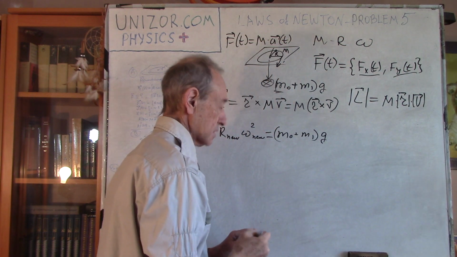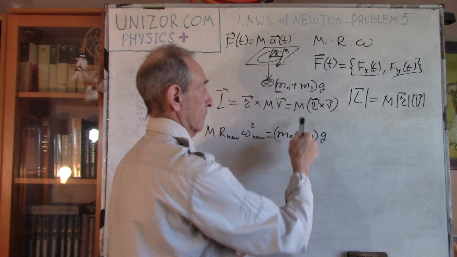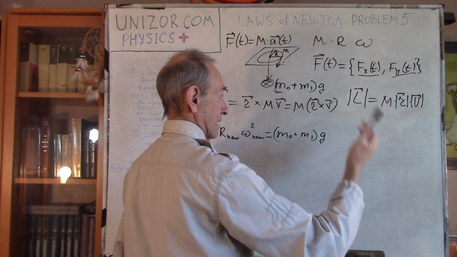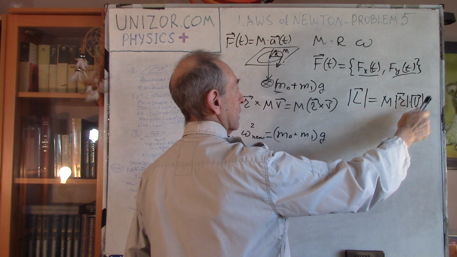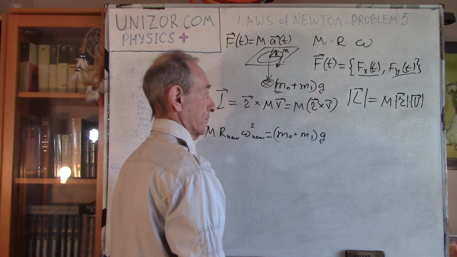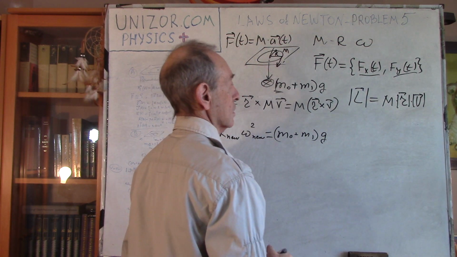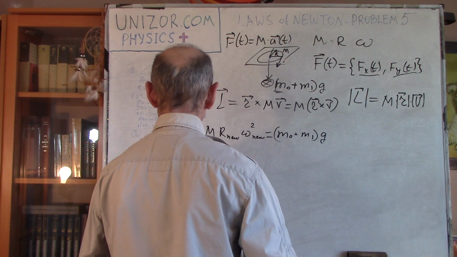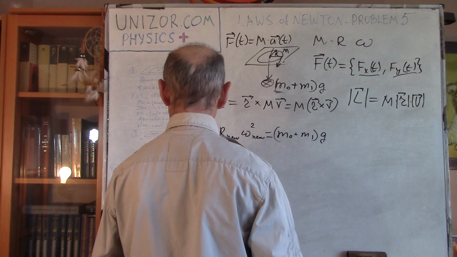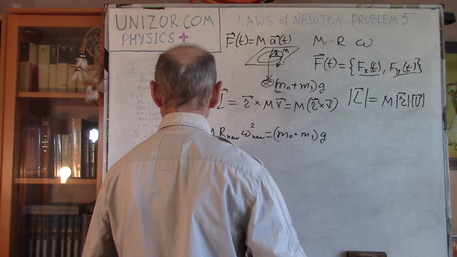Their lengths, multiplication of their lengths, because the vector product is a vector whose length is the length of one, the length of another, and the sine of the angle between them. Okay, so from which we can actually find out, what have we found out?